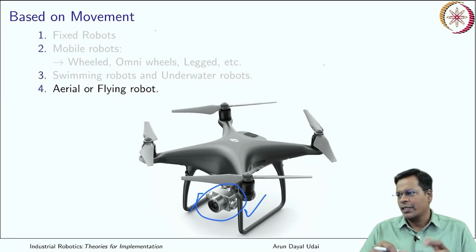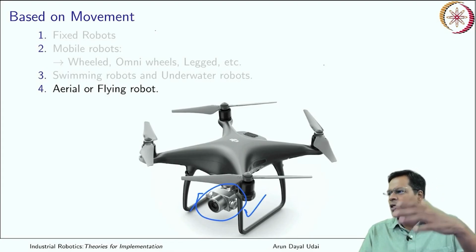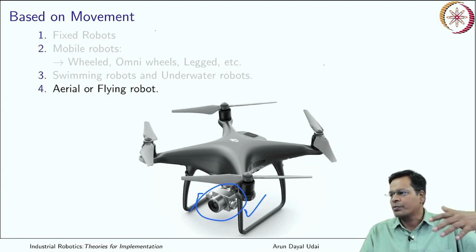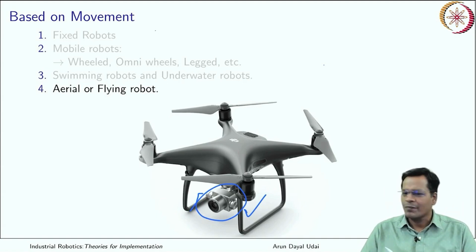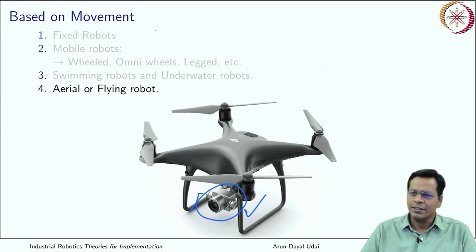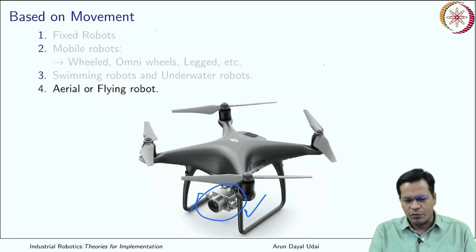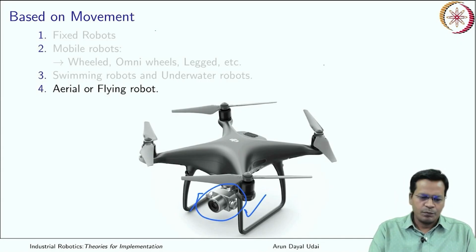Nowadays it has the potential to be used for drone delivery of courier or food packets. It is also used for military surveillance and many other things. So this is your aerial robot which flies, right?